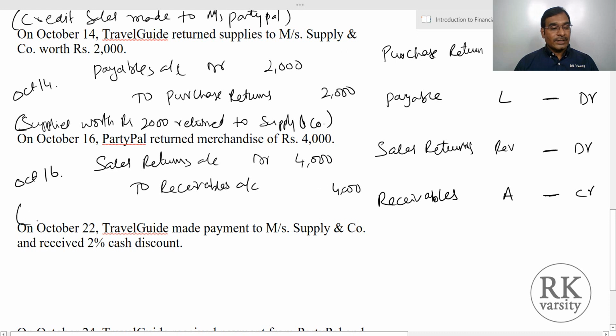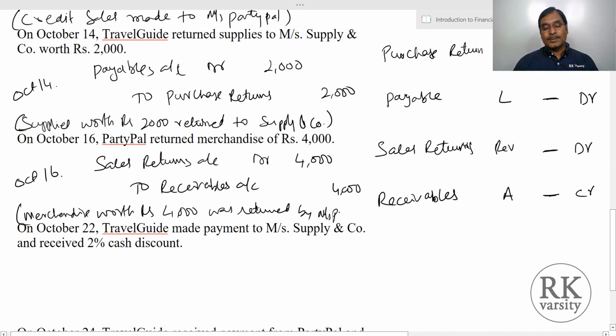So here we write a narration saying that merchandise worth rupees 4,000 was returned by Messrs. Party Pal.